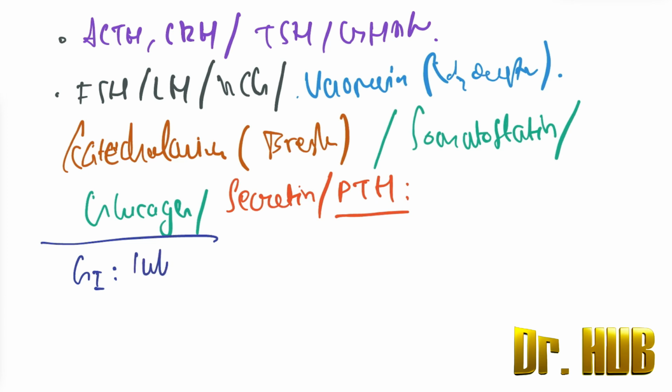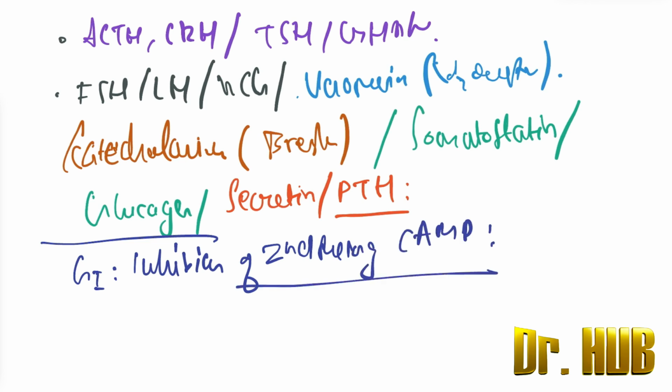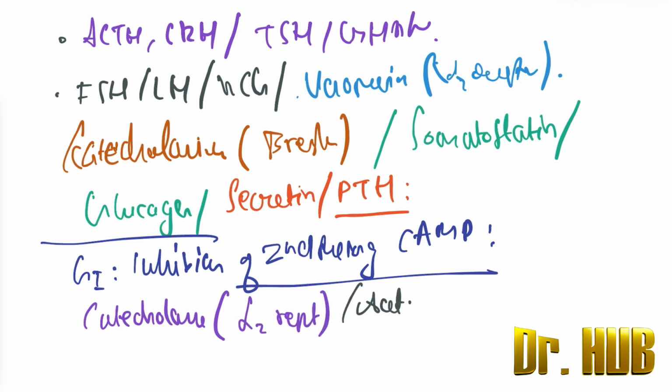Gi is the inhibition of the second messenger, which is cAMP. And what does this include? This includes the catecholamines, that is the alpha 2 receptor. Then there is also acetylcholine. The acetylcholine is M2, M4, and also somatostatin.